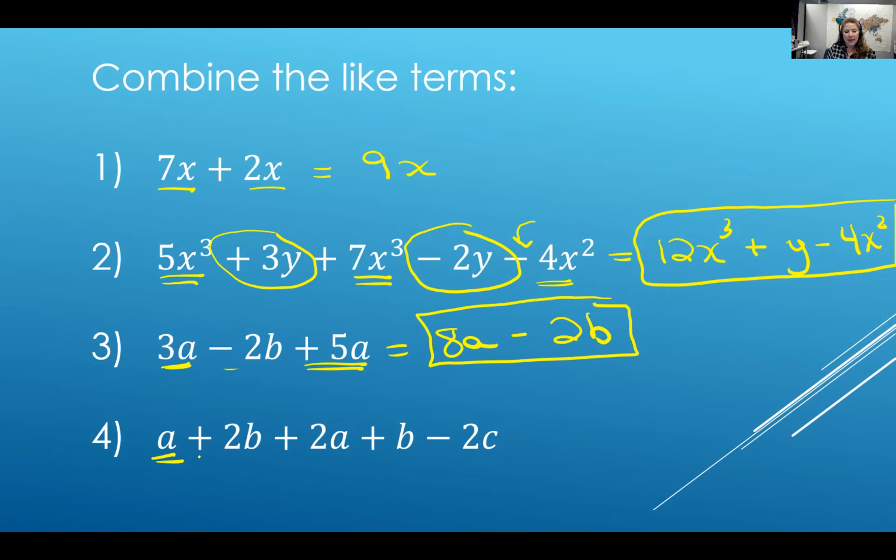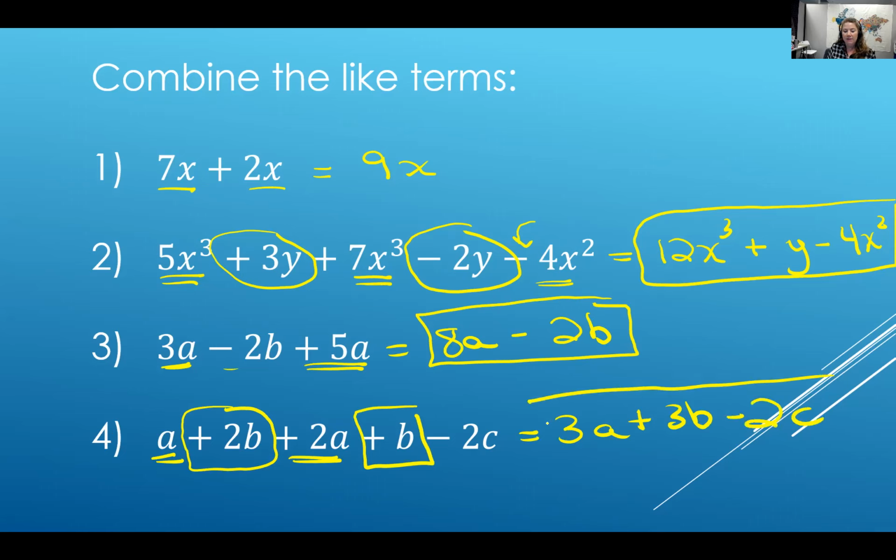All right, we have 1 apple plus 2 apples is 3 apples. And then we have 2 bananas plus 1 banana is 3 bananas, right? And then negative or minus 2c is by itself. So there we go. I hope you got it right.